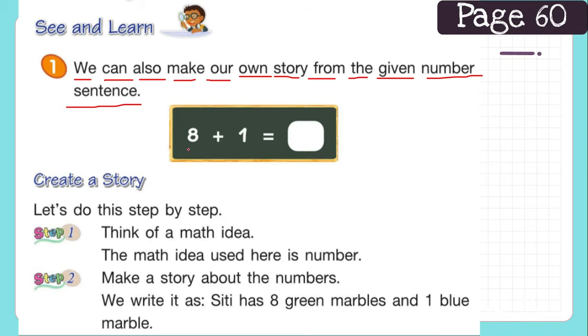Here they've given us 8 plus 1 equals 9. In this part, we're going to make a story, step by step.